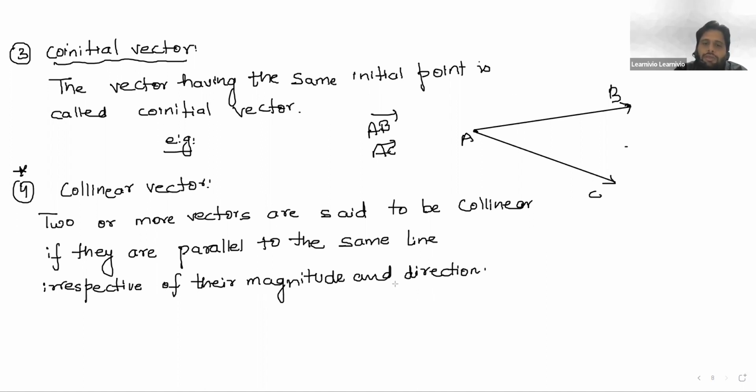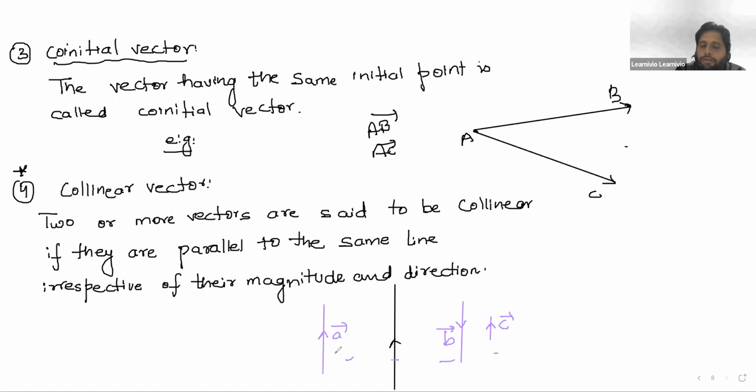So what does this mean? Suppose you have this line, and you have some vectors like this. One vector is this, the second is this, the third is this. Let this be A, this B, and this C. These three vectors are parallel to the same line.